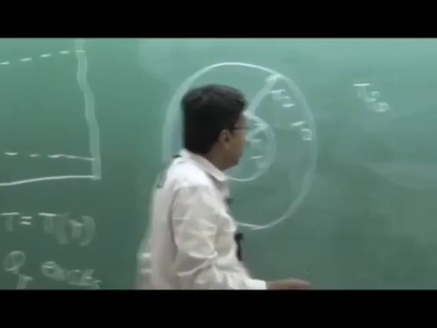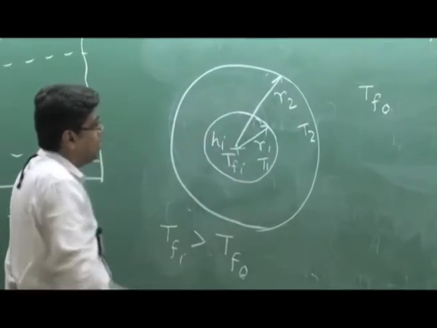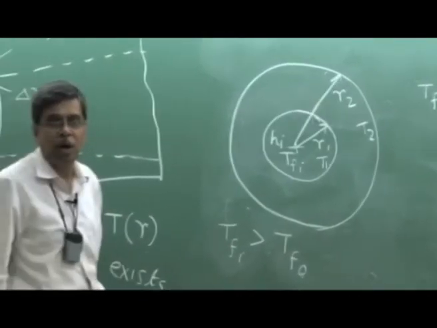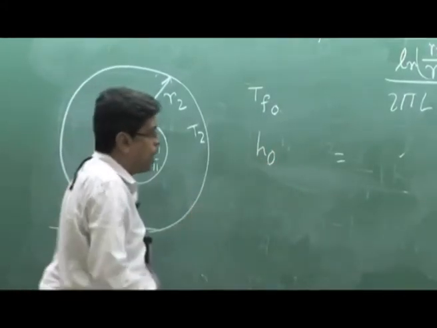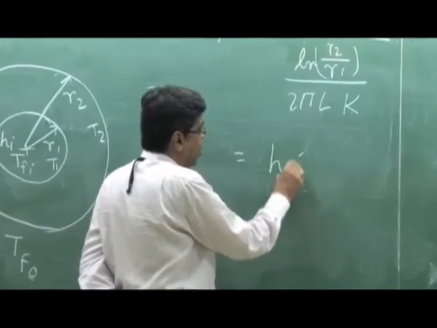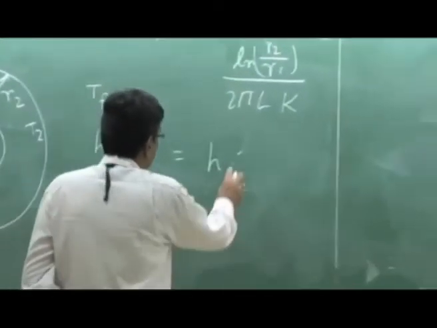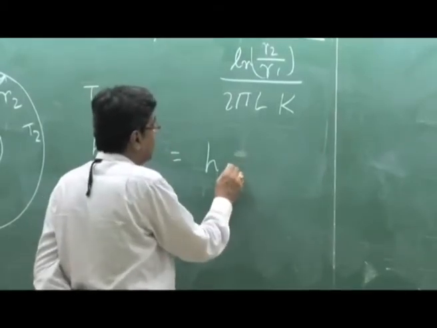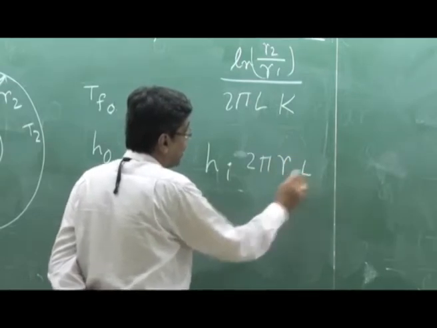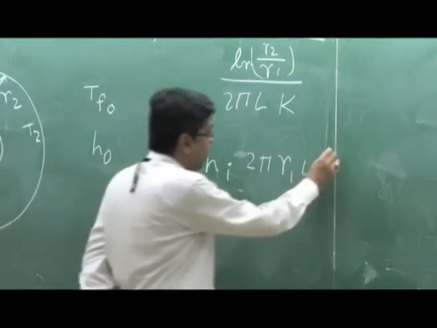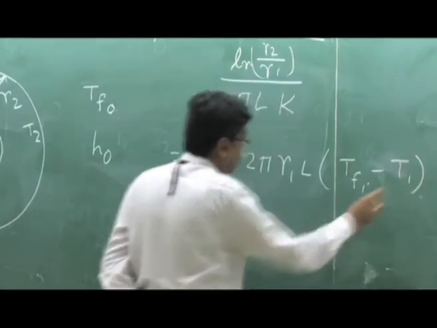to the surface. If I prescribe Hi as the heat transfer coefficient of the inner fluid and Ho that of the outer fluid, then by our definition of the heat transfer coefficient in convection heat transfer, Q can be written as heat transfer coefficient into area, twice pi R1 L, the inner surface area, into TFI minus T1.